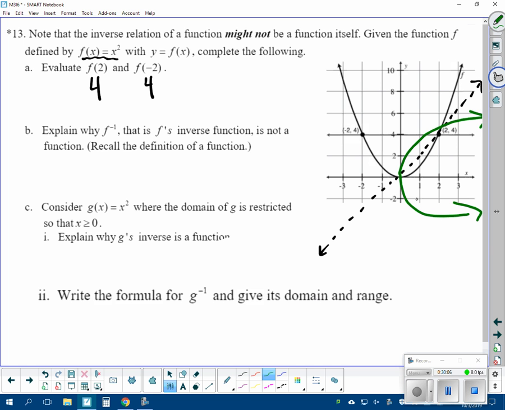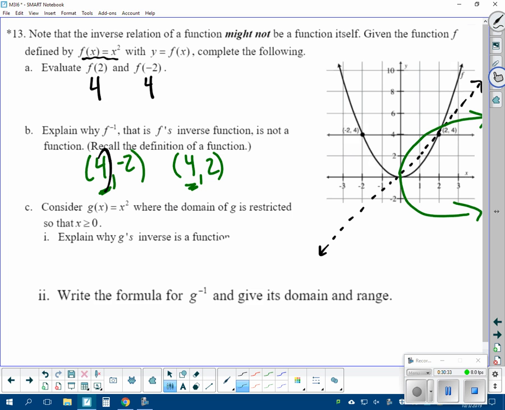Not the perfect drawing there, but would that be a function then? No. Why? It doesn't pass the vertical line test. And remember, the other way you can think of this, we had the original points negative 2, 4, and 2, 4. You would have to switch those. They'd become 4, negative 2, and 4, positive 2. Does each input have exactly one output?